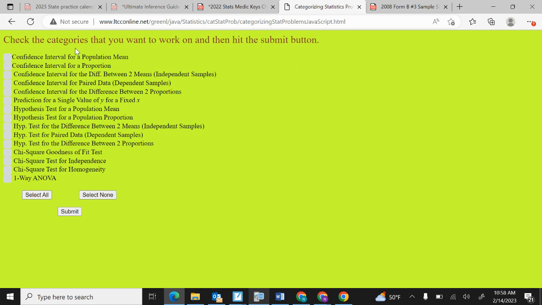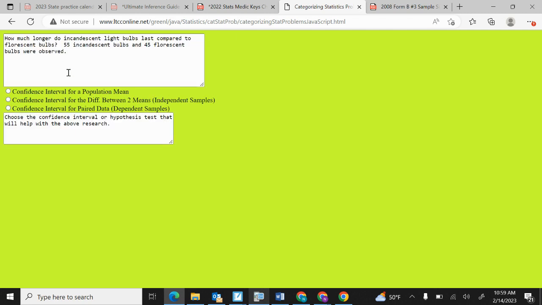This is actually where some of these come from. So we don't care about proportions right now. Means, and then paired data. Here we go. And then you could submit, and it'll start to give you more examples. Now we did some of these. This is where I got a lot of them, but there's some other ones. And you can go help you determine which one. So then you ultimately can know which test you should do better.